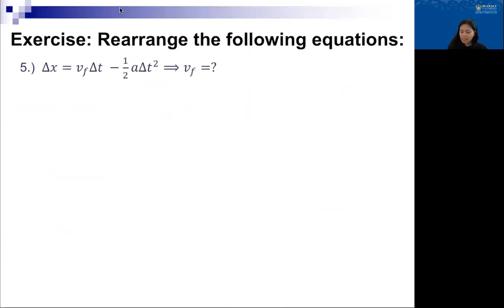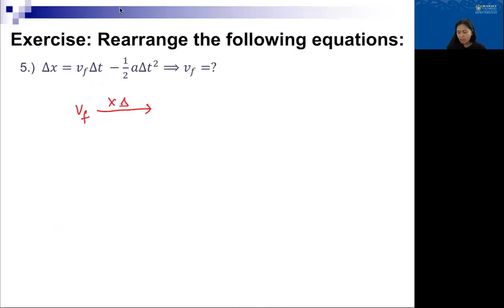All right, and then the last one, we want to isolate VF. VF is tied up with delta t via multiplication symbol. So to build up this equation, we need to do the multiplication first before doing the subtraction. So we start with VF.